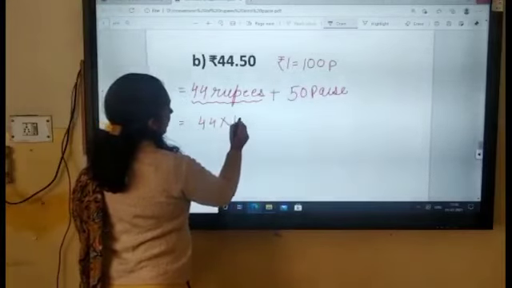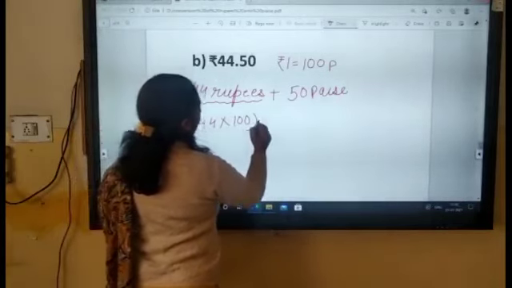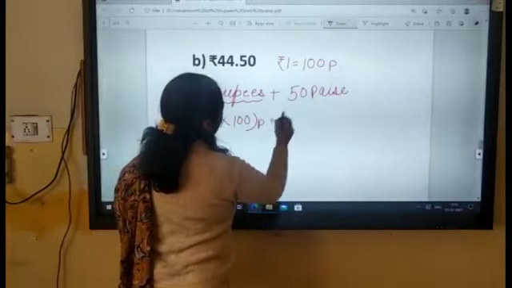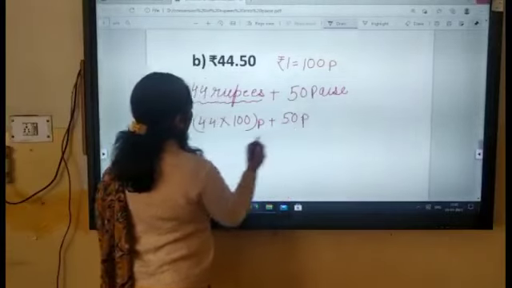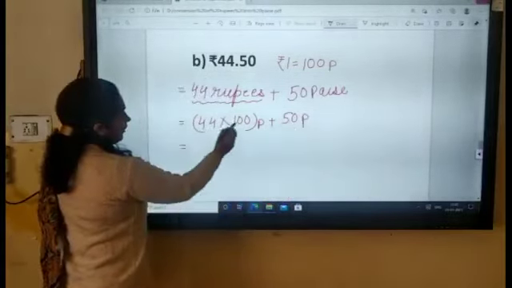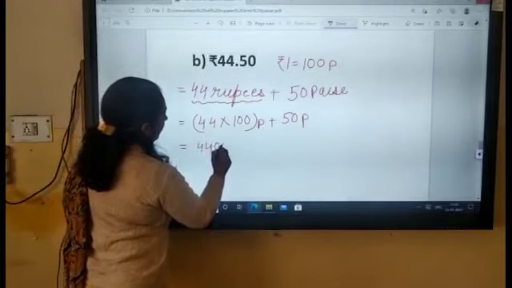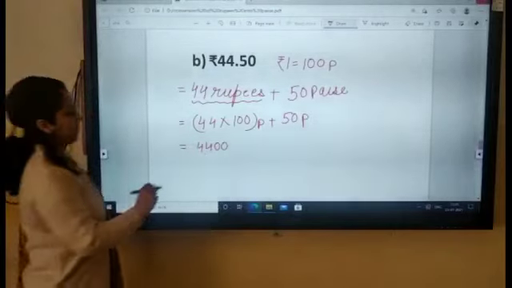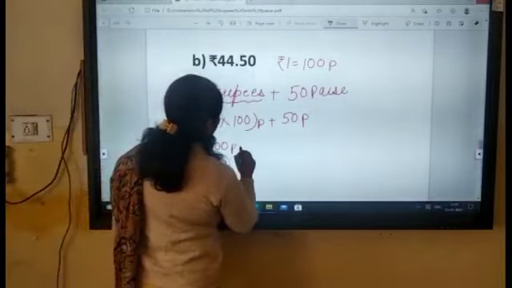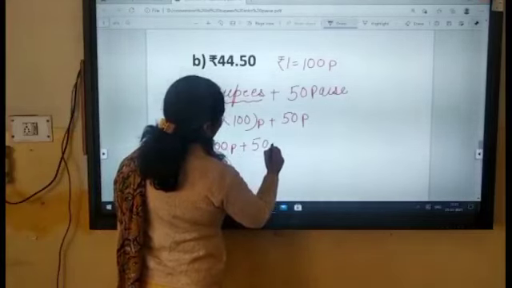44 into 100, and then we will add this. So what we will get? 44 into 100 will be 4400 paise plus 50 paise.